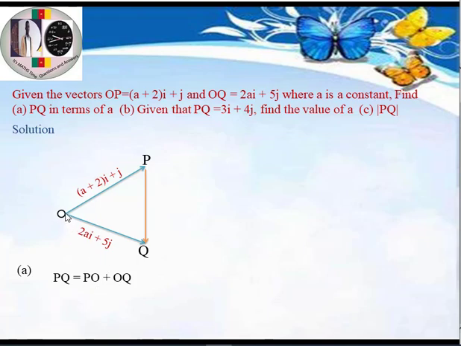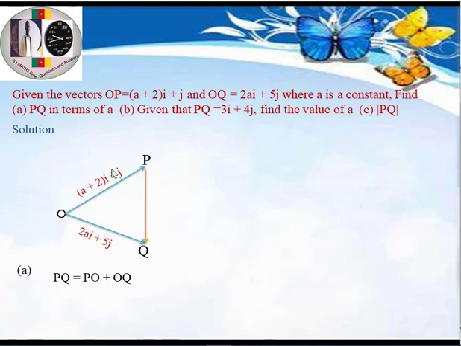But we know the vector OP, not the vector PO. But we see that we will still walk the same road where OP was. But we walk back. Instead of walking from O to P, we walk back from P to O. So since we walk back, we put a negative sign on the vector OP.